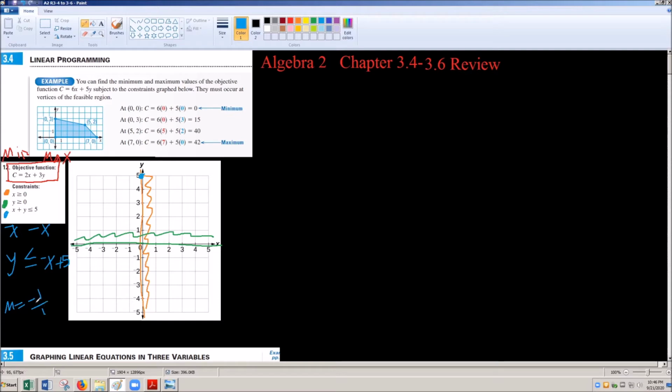I can go down 1, right 1, or I could go up 1, left 1. These are both equivalent. So I'm going to go down 1, right 1, down 1, right 1, down 1, right 1, one more, and the last one here. Call it good. This is going to come down through just like that, and I'm going to be shading below this. The reason I'm shading below is because I have y is less than or equal to. It's a solid line rather than a dotted line because it's less than or equal to.